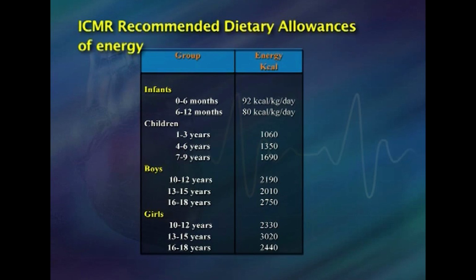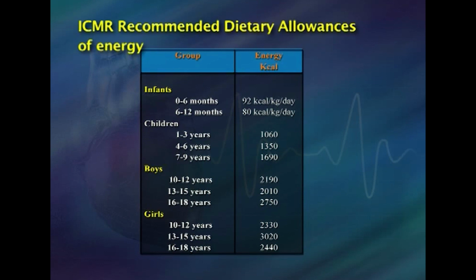And for boys between 10 to 12 years they require 2190 kilocalories, and 13 to 15 years 2010 kilocalories, 16 to 18 years 2750, whereas for girls 10 to 12 years they require 2330 kilocalories, 13 to 15 years 3020, and 16 to 18 years 2440 kilocalories.